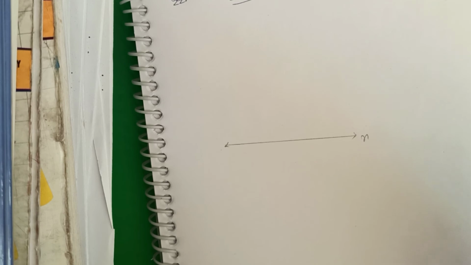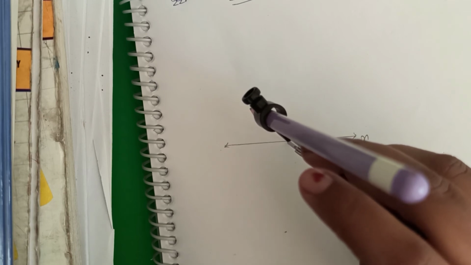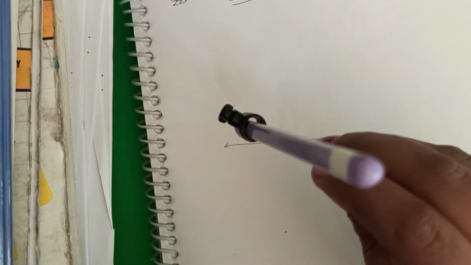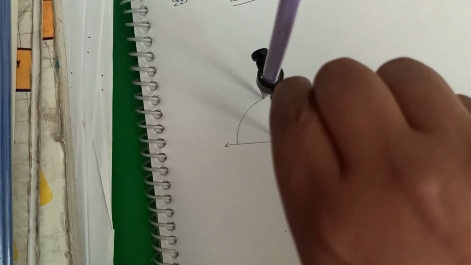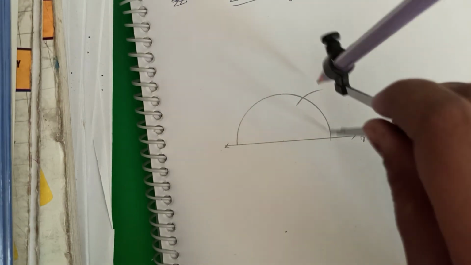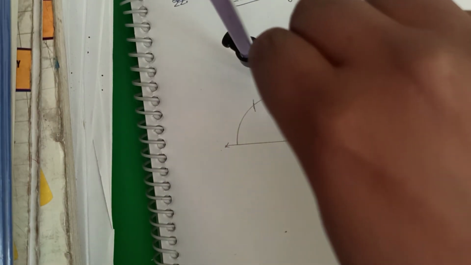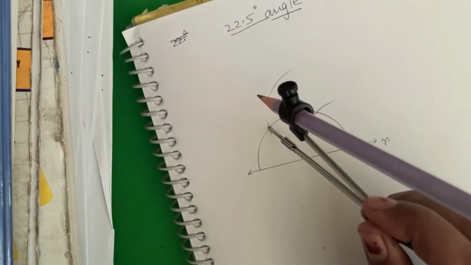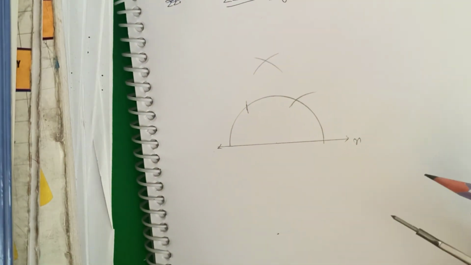So indirectly, for every angle firstly you have to make 60 and 90. So width of any radius like this, then one arc from this, one from this, and the bisector of both this 60 and 120 is 90 degree, right?